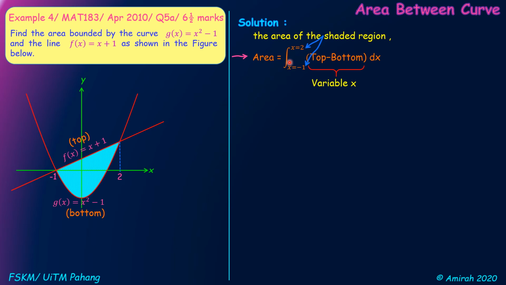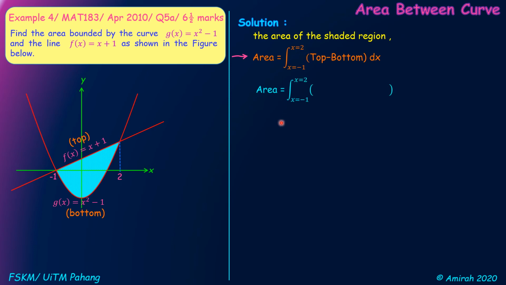Here, x equals -1 and x equals 2. We use lower and upper limits on the x-axis because we integrate with respect to x. So all terms, including the lower and upper limits, must be in terms of variable x. So we use lower and upper limits here.